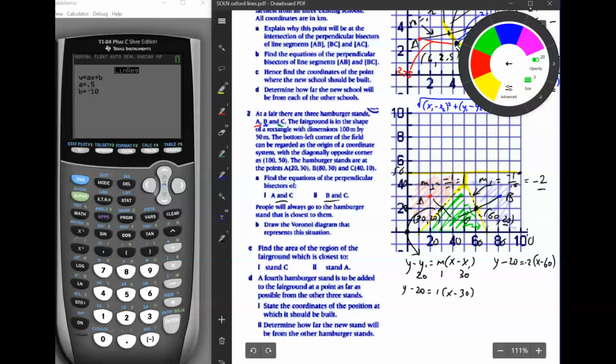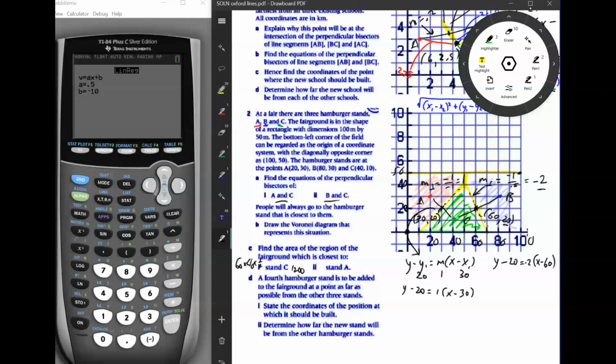So the base is 60 long, and the height appears to be 40 tall. So that would be 60 times 40 times 1/2, which would be equal to, I think, 2,400 divided by 2, which is 1,200. So the area served by stand C is 1,200.